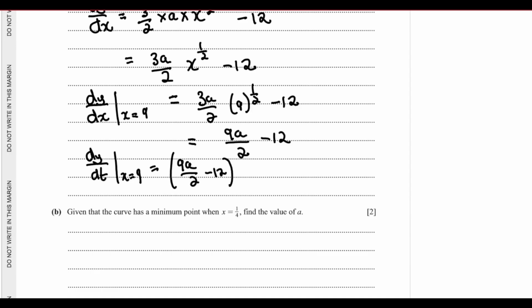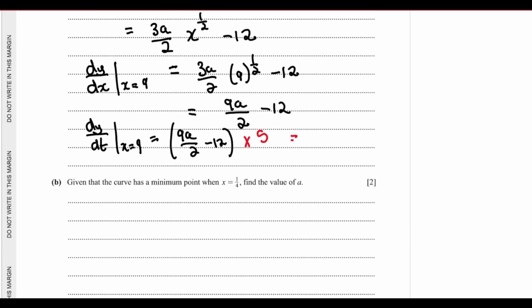So I'm going to say it's 5. Okay, you can multiply the 5 in, we'll have 45a over 2 minus 60.